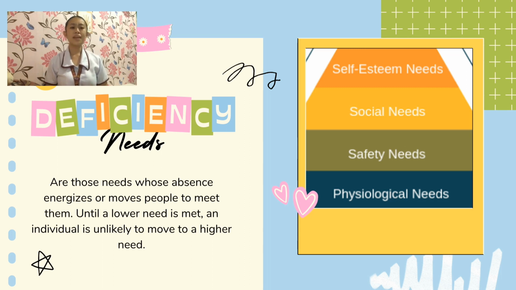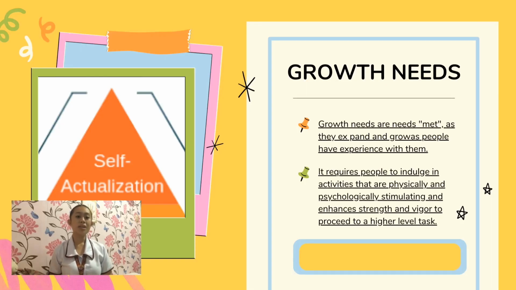Basically, deficiency needs are basic needs arising from being deprived of something. This includes the physiological, security, social, and self-esteem needs. On the other hand, growth needs are needs met as they expand and grow as people have experience with them.